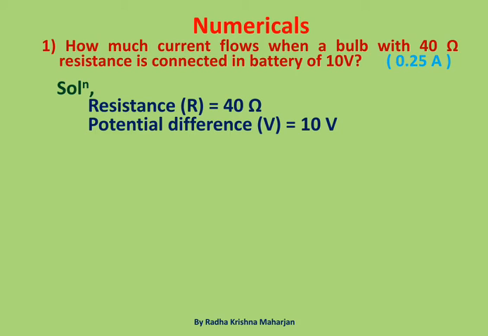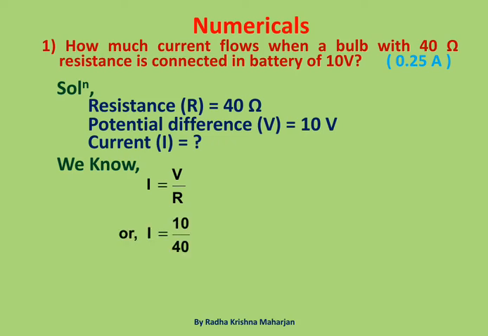Potential difference V equals 10 volt. Current I equals what? We know I equals V upon R, or I equals 10 upon 40. Therefore, I equals 0.25 ampere.